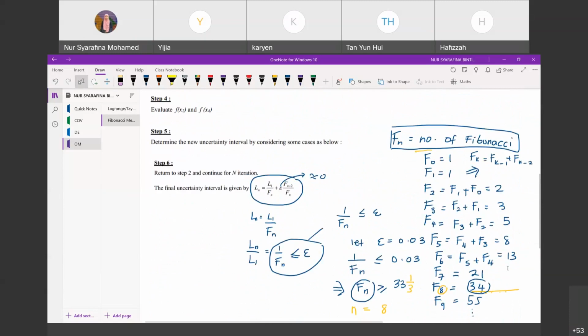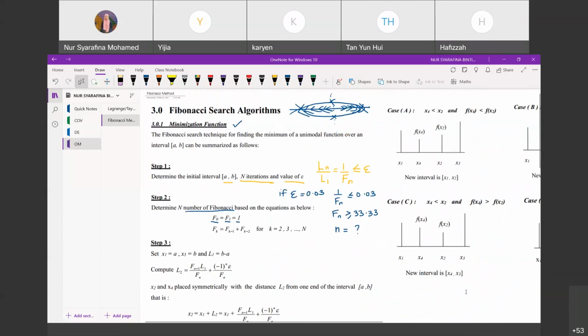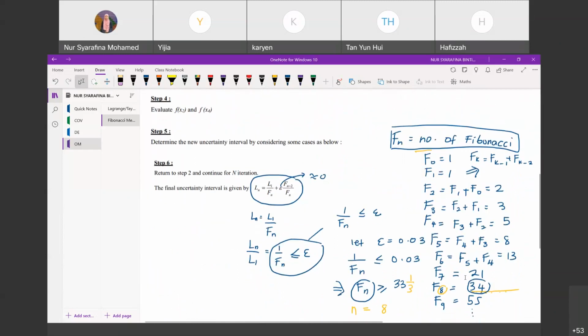At least I choose 8. If you choose greater than 8, of course, the solution is more optimized. But we need to understand the time constraint. So let's just choose only up to 8. If you choose greater than 8, the solution will be better, but a lot of time is involved, and then you will have no time in finding the solution.